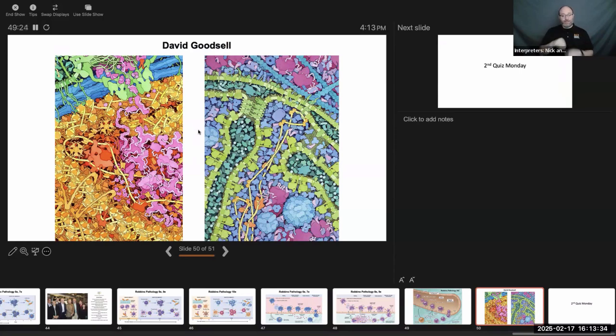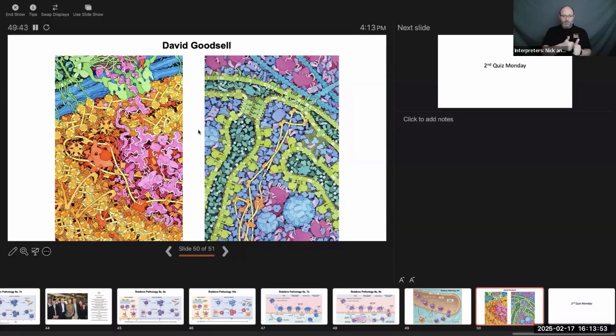In his case, I think his whole rationale is that there are so many molecules inside of these cells, you need some sort of color coding system just to tell them apart. I don't know that there's any other real thought process behind the colors.